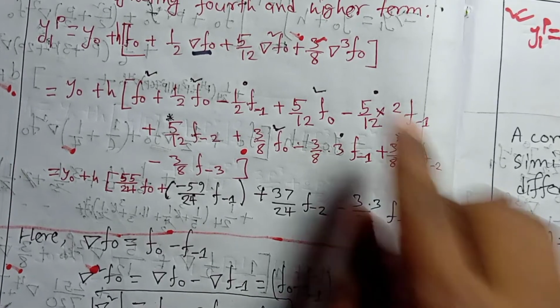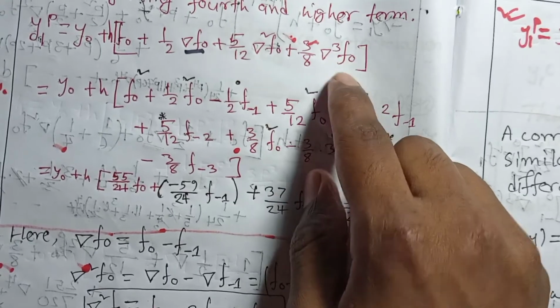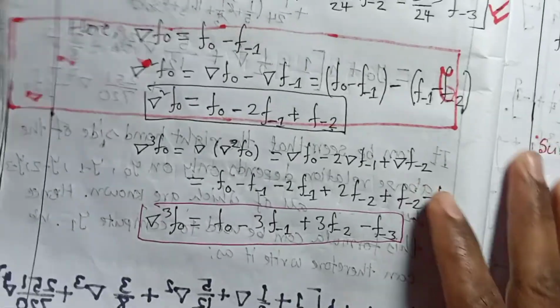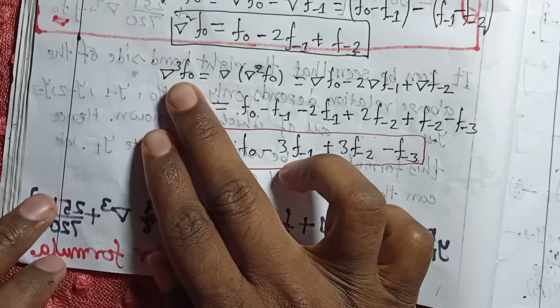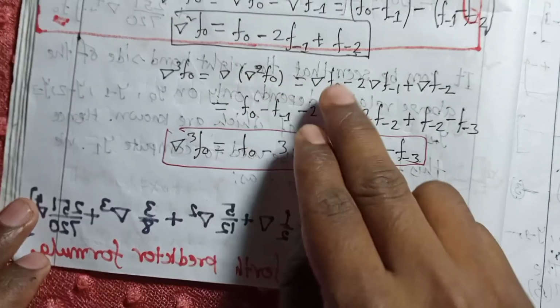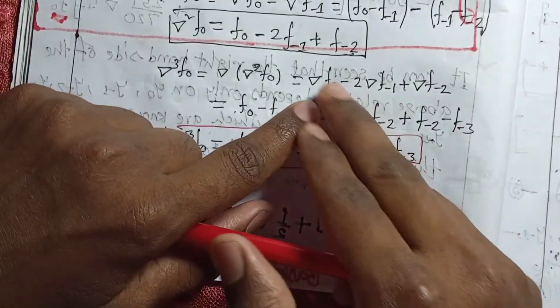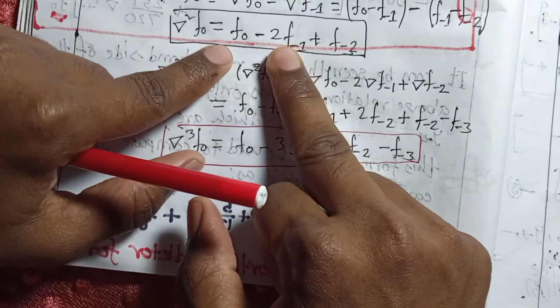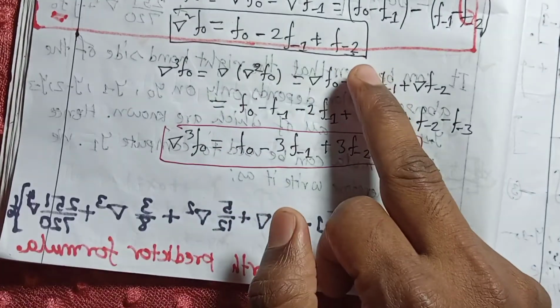Now 3 upon 8 nabla cubed f0. We see that nabla cubed f0 is equal to nabla of nabla squared f0, and nabla squared f0 is nothing but f0 minus 2 f sub minus 1 plus f sub minus 2.